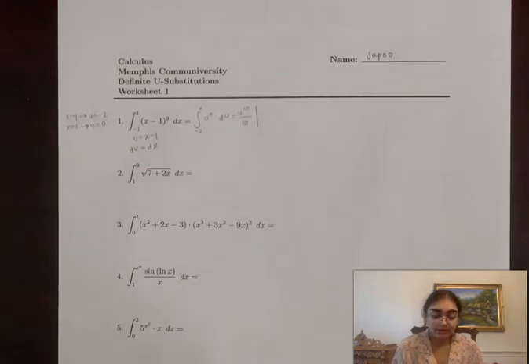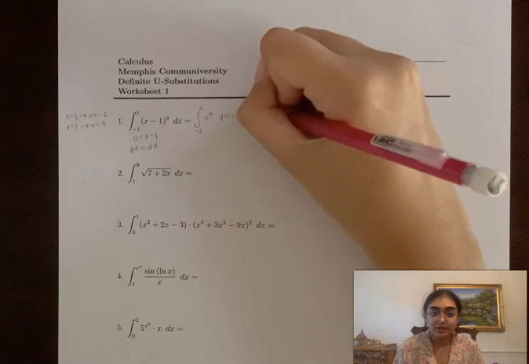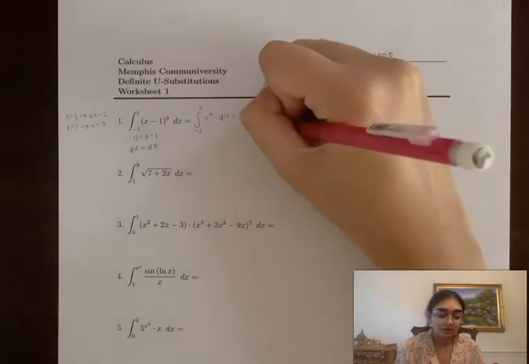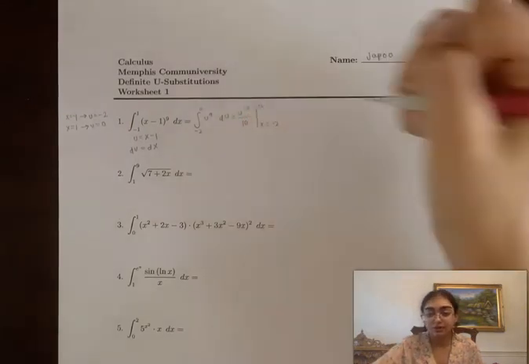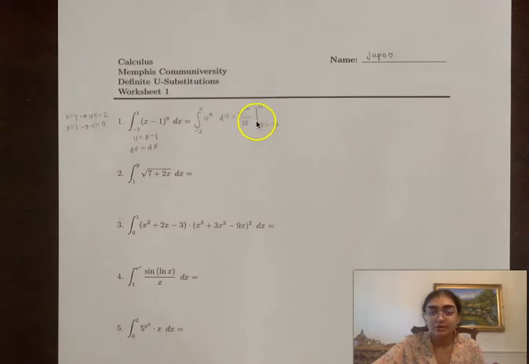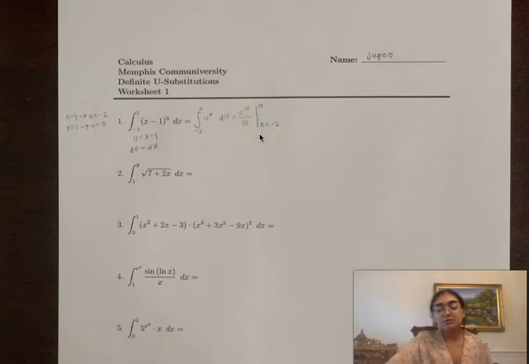Now that we have our antiderivative, we're going to plug in our new u values, which are 0 and -2. So here's where I actually made my mistake. Instead of writing u equals -2 here, I wrote x equals -2. That's incorrect. This x right here should be u.